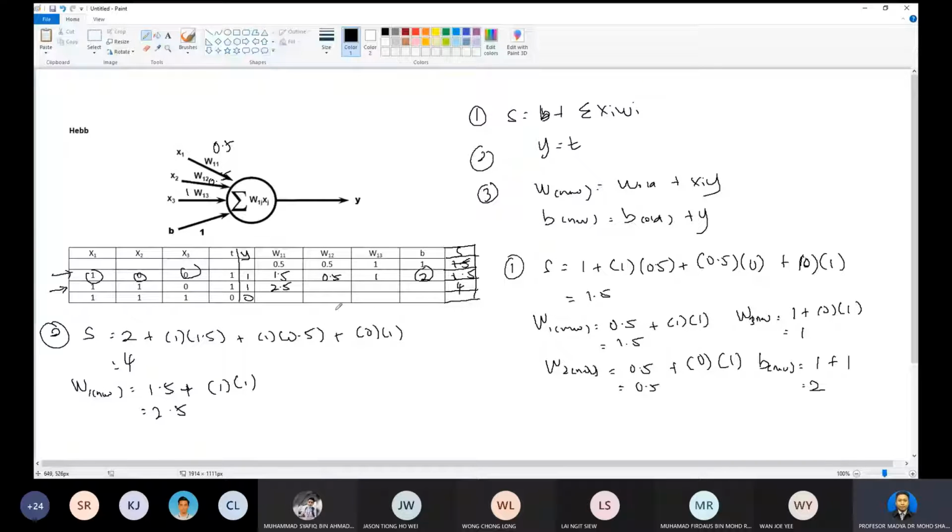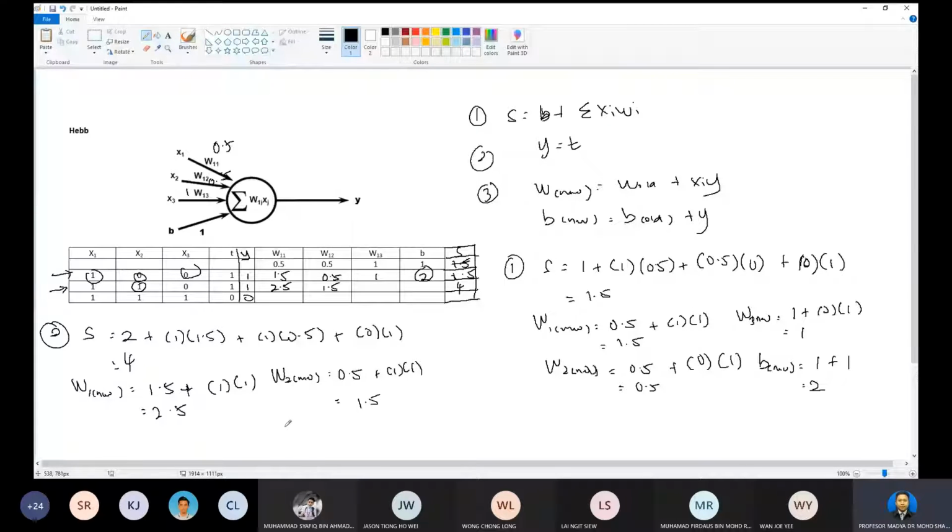Next, for weight 2 new, the old one will be 0.5, and then 1. For this one, x2 is 1 and y is 1, so the answer will be 1.5. So this one is changed.